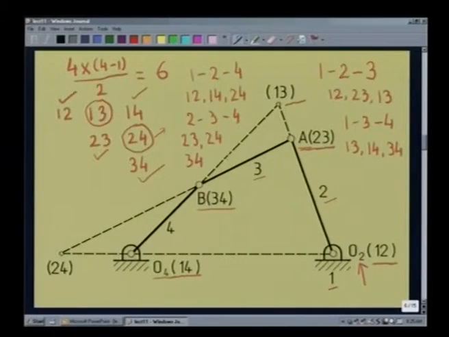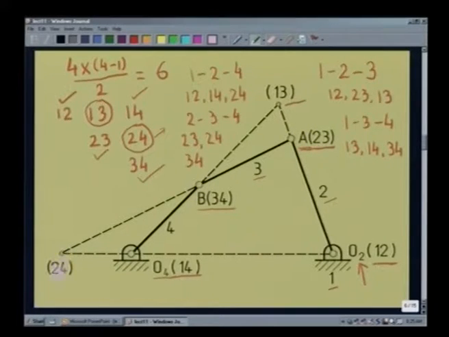Out of these 3, we have already located 2 3 at A, 3 4 at B. So, 2 4 must lie on the line joining A B. As a result, 2 4 is located at the intersection of the line O2 O4, that is the line joining 1 2 and 1 4, and the line A B, that is the line joining 2 3 and 3 4.